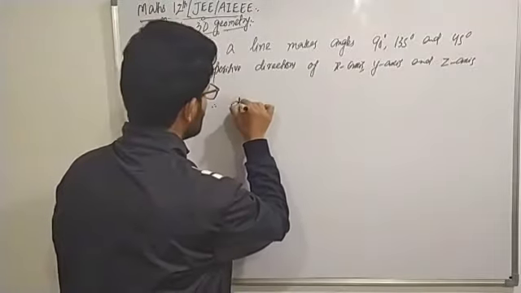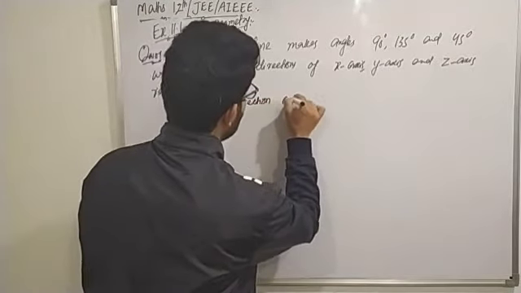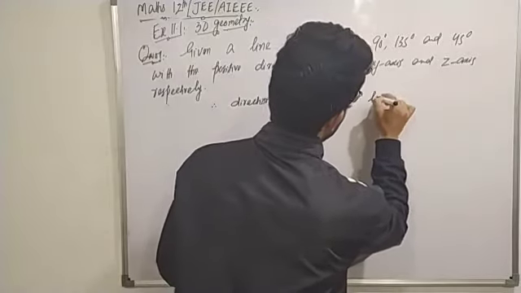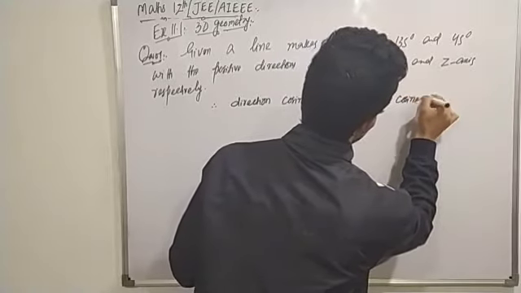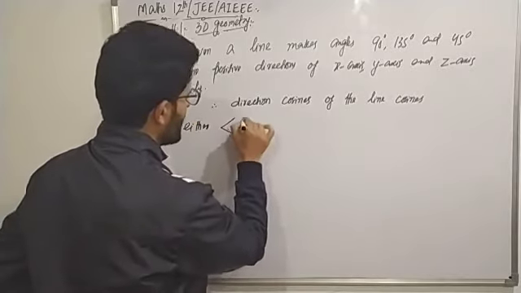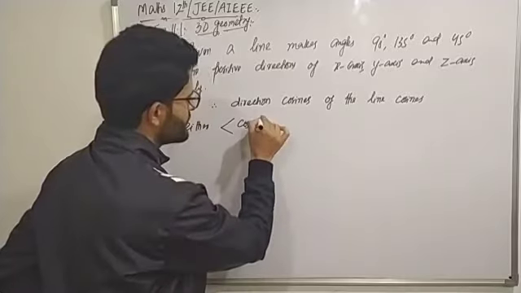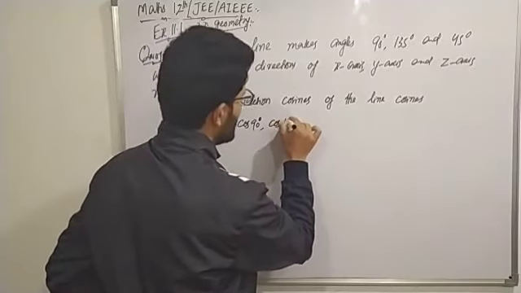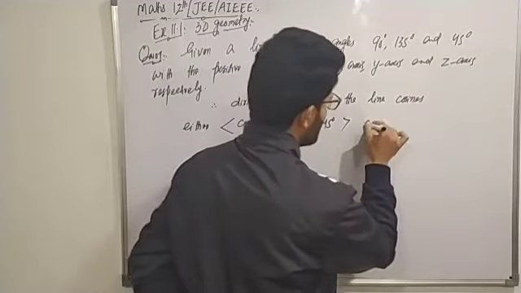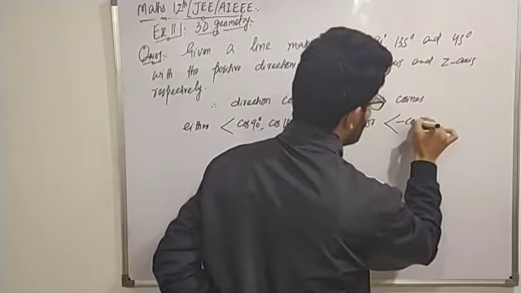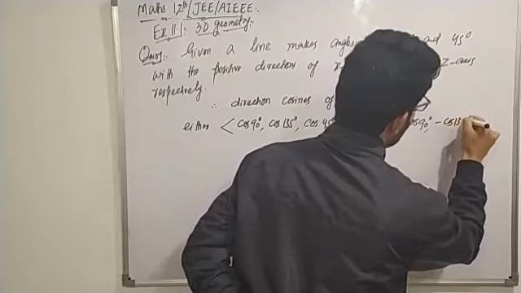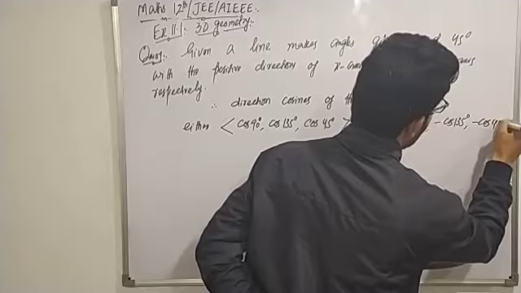So what will be the direction cosines of this line? They will be either the ordered triple cos 90, cos 135 and cos 45 degrees, or the negatives of these, that is the ordered triple minus cos 90, minus cos 135 and minus cos 45 degrees.